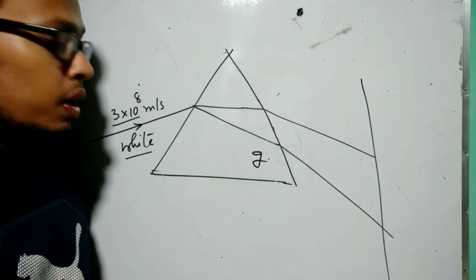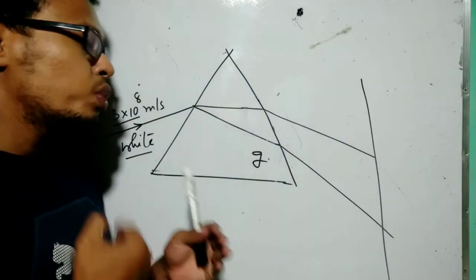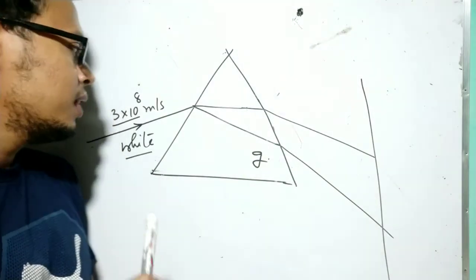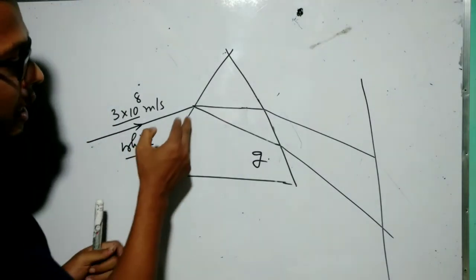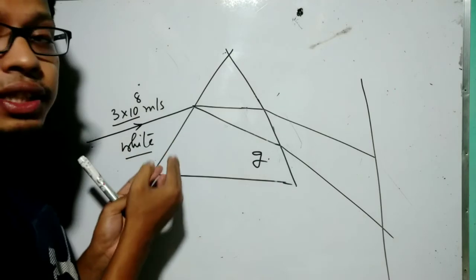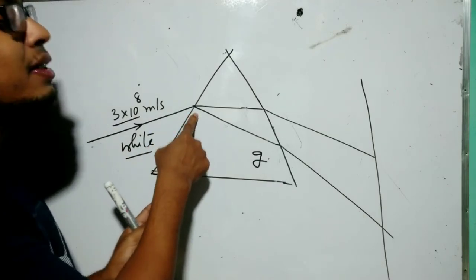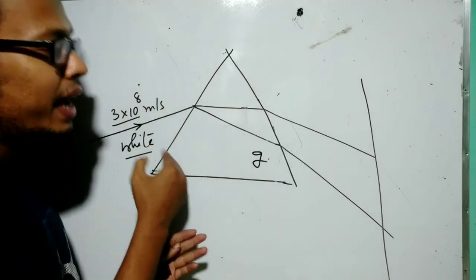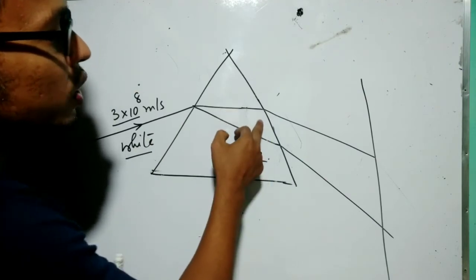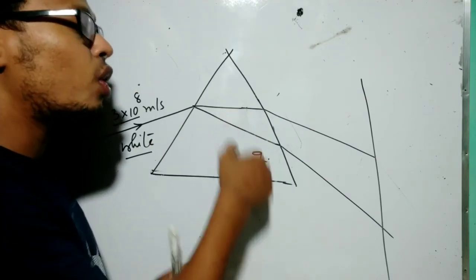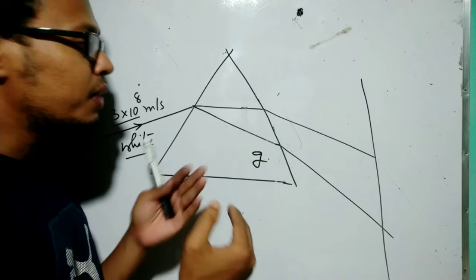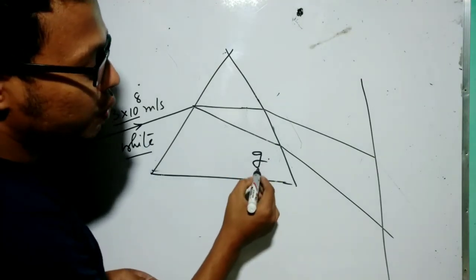Now one important question comes: on which surface does the dispersion occur? On the surface where the incident rays are falling, refraction occurs, and on the second surface also refraction occurs. Here the light goes from denser to rarer.